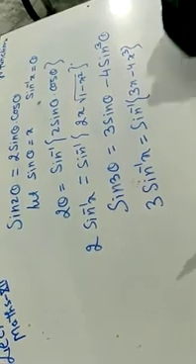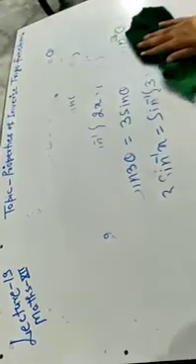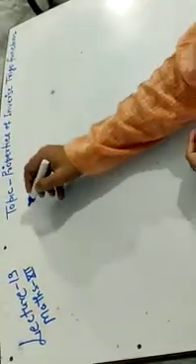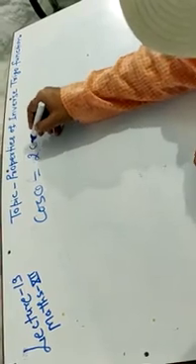Similarly, you take the multiple angle of the cosine formula. Cos 2 theta equals 2 cos square theta minus 1.